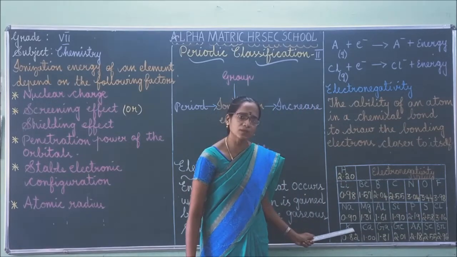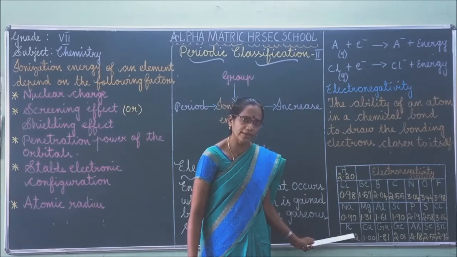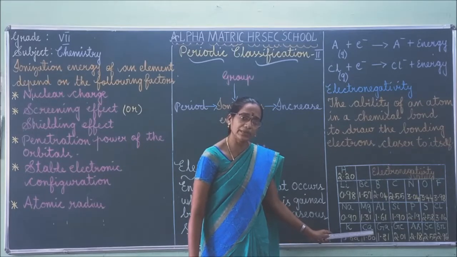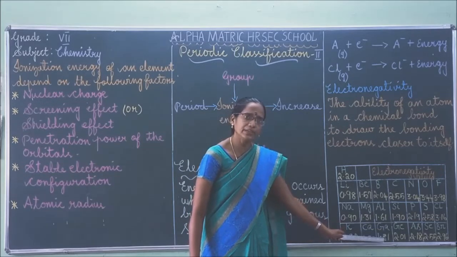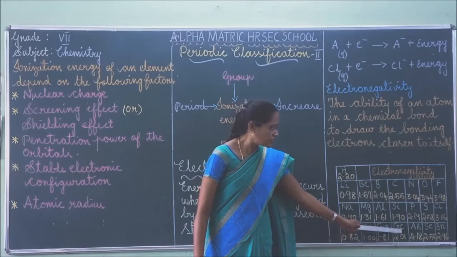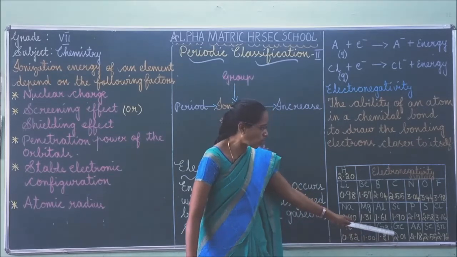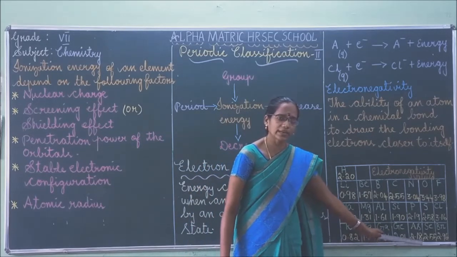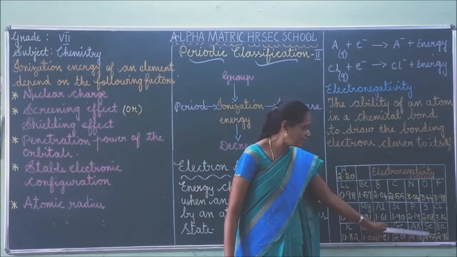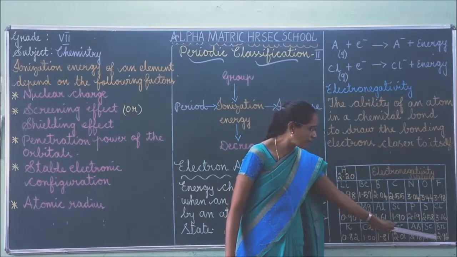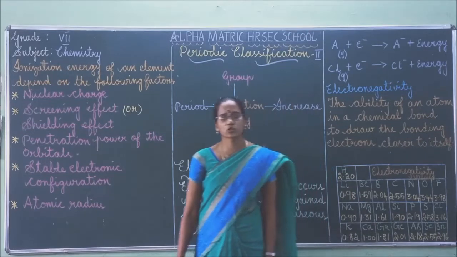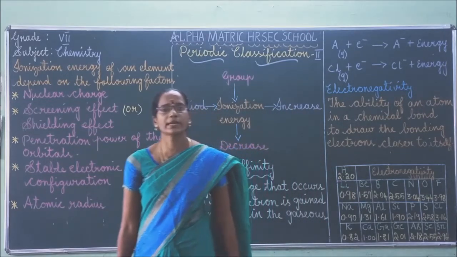Next, K is potassium. Its value is 0.82. For calcium, it is 1. Gallium, it is 1.81. Germanium, it is 2.01. Arsenic, the electronegativity value is 2.18. For selenium, 2.55. And for bromine, the electronegativity value is 2.96.